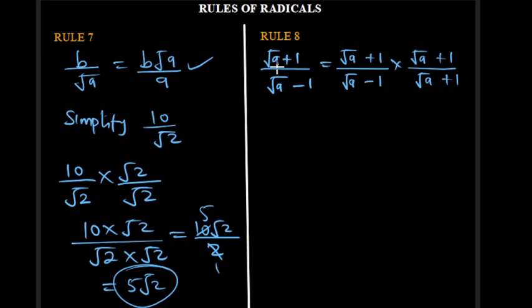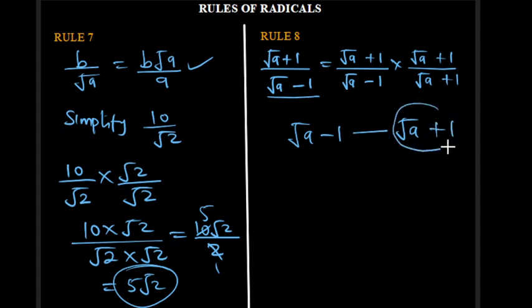Then for root 8, we have this: root of a plus 1 divided by root of a minus 1. Now this one is a little bit tricky. Whenever you have this as the denominator, use its conjugate to rationalize. So the conjugate of root a minus 1 is root a plus 1.